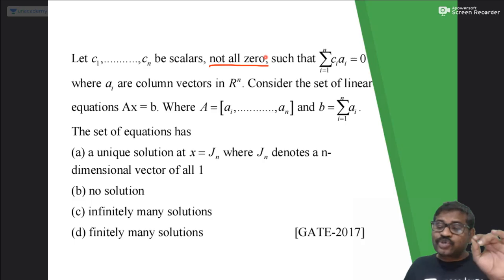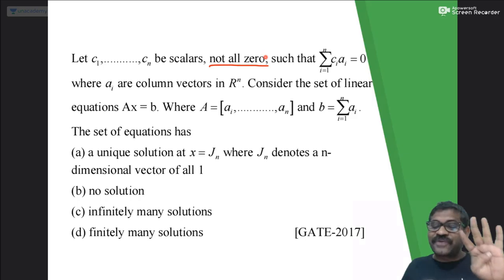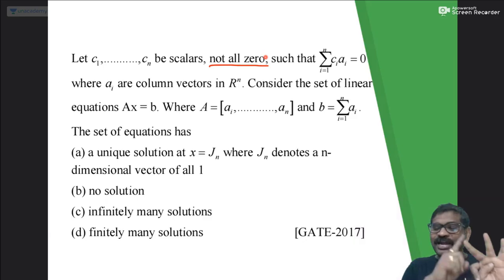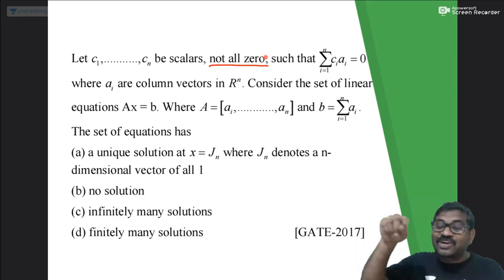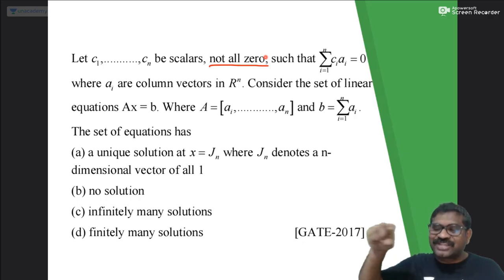If you would like to solve this problem, you have to recall one definition. I have given 4 definitions, 4 methods to examine whether the given set of vectors are independent or dependent. One is the comparison method, another one is the determinant method, third one is the rank method, fourth one is the definition. Let K1, K2, Km be scalars, and x1, x2, xm be the vectors.